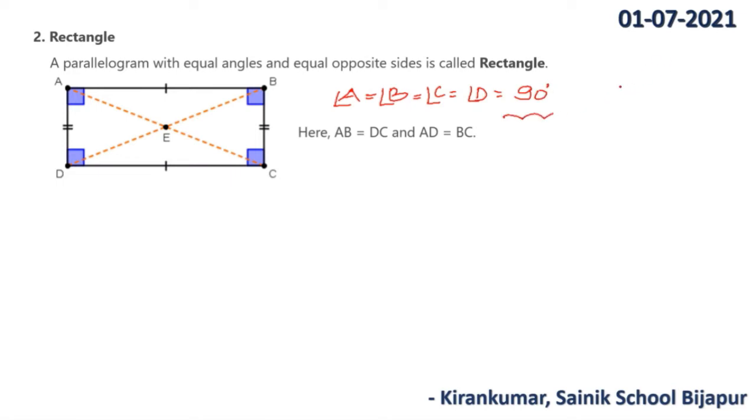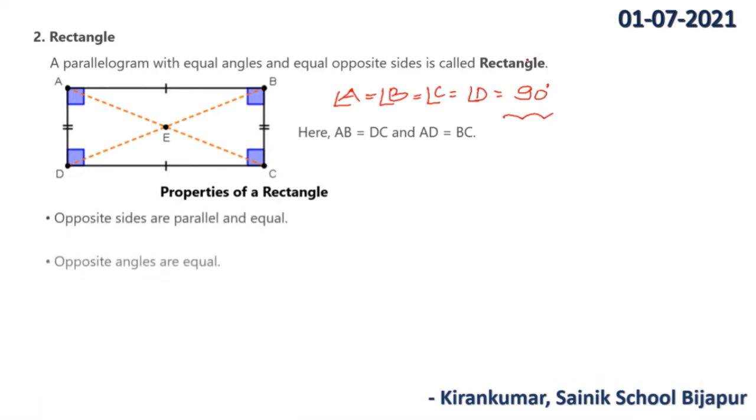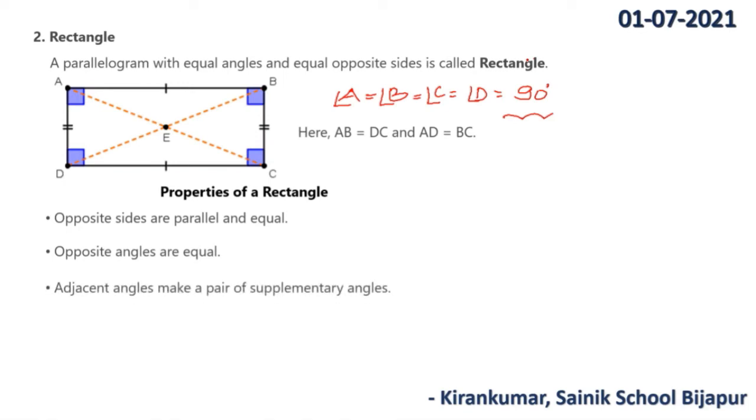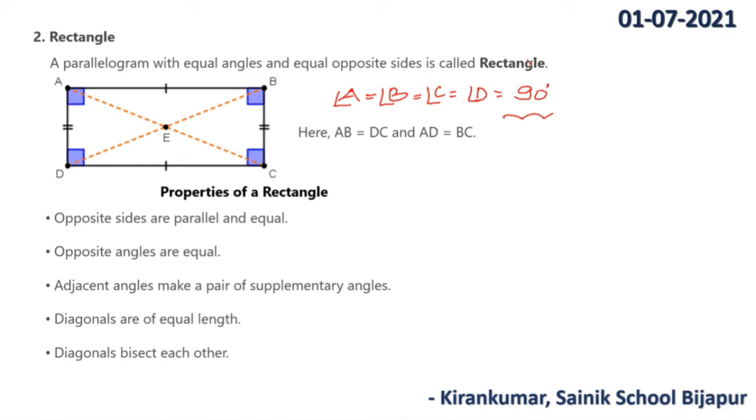Remember, in a parallelogram, if one of the angles is 90 degrees, it becomes a rectangle. A few properties of a rectangle are: opposite sides are parallel and equal, opposite angles are equal, adjacent angles are supplementary, the diagonals are equal in length, and the diagonals bisect each other.